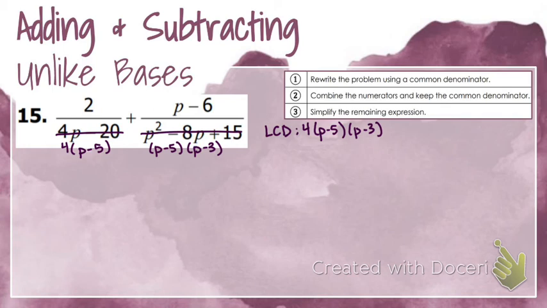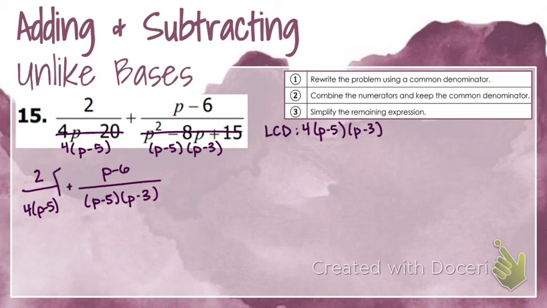All right, so we have 2 over 4 times p minus 5 plus p minus 6 over p minus 5 times p minus 3. Oh, I forgot to put our times something in here.